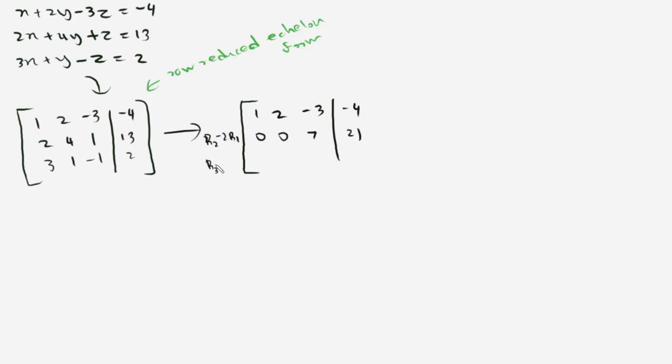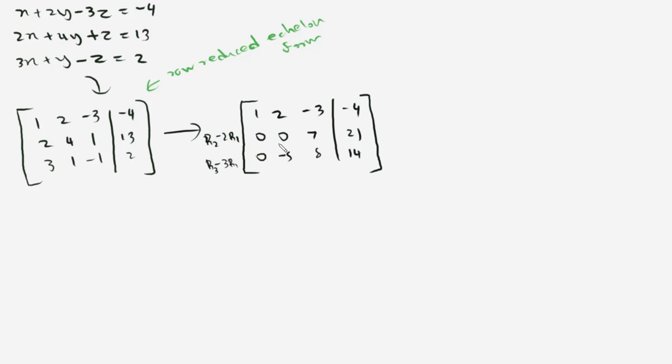Then I will reduce the third row by multiplying the first row by 3. So 0, minus 5, 8, and 40. Okay, so now our matrix has three zeros.